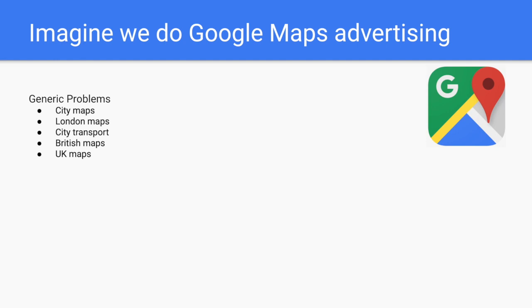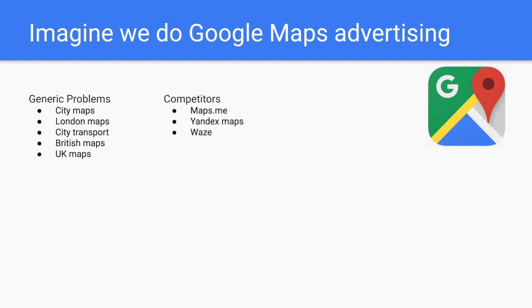So first is generic problem, something that is extremely related to our app, and extremely easy to find out. For example, city maps, London maps, city transport, British maps, and you see, city transport is quite a related topic. It's very generic, and it's not the same as Google Maps, but Google Maps contains this product inside, so we can make advertising there.